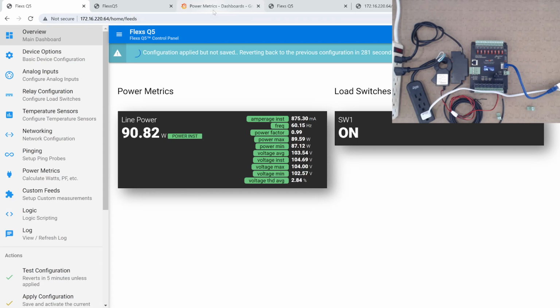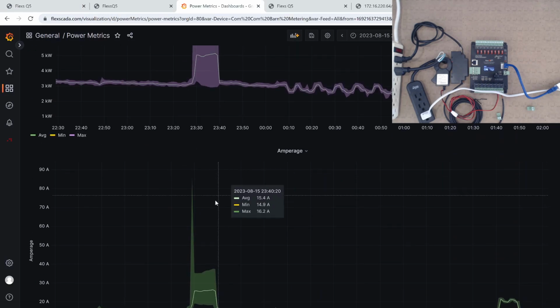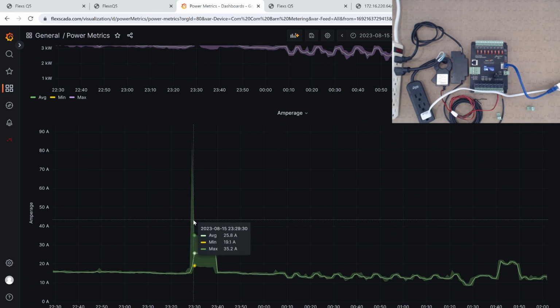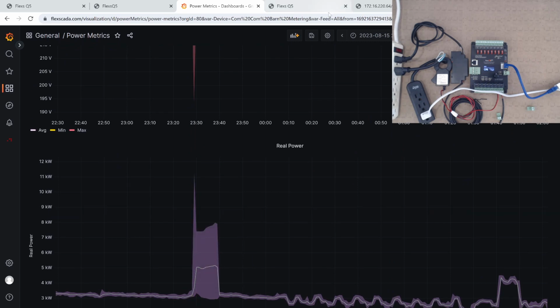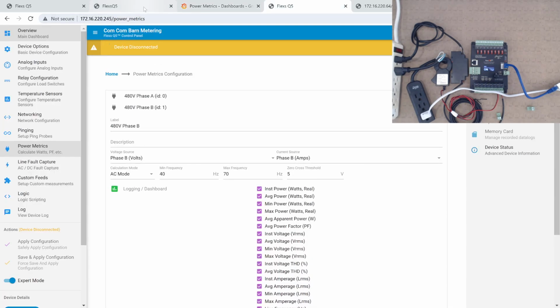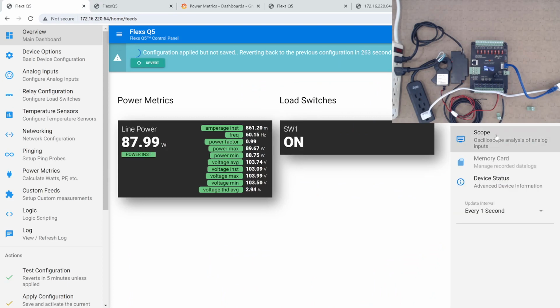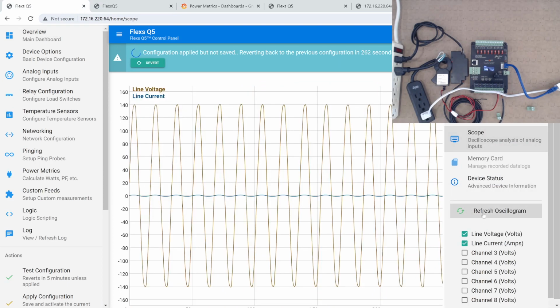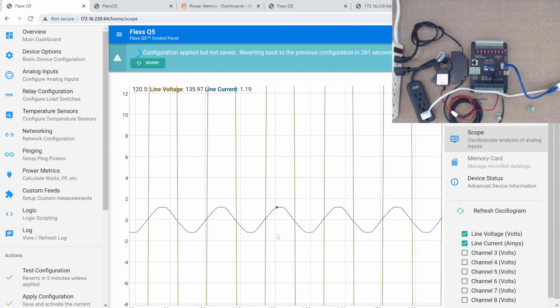But the most useful functionality by far that our customers are really appreciating is just the energy metering, energy monitoring, being able to look at that power in such a real-time way. So we have a very high sample rate on these analog inputs, which allows us to pick up very instantaneous transient faults, which a lot of energy monitoring hardware solutions would completely just miss.